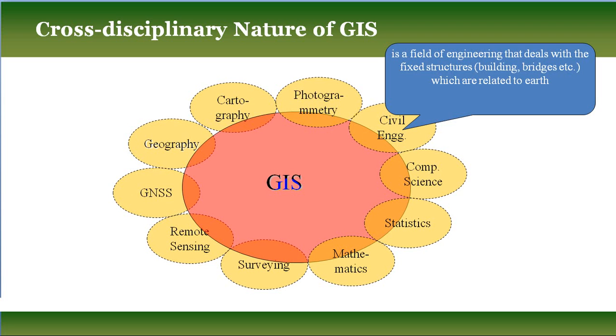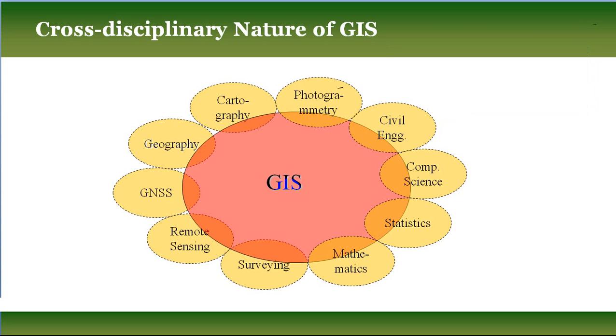Civil engineers need to perform hydrological analysis for construction of a dam, to find the suitable location for a new dam setup. So a lot of civil engineering core concepts are also incorporated in GIS.